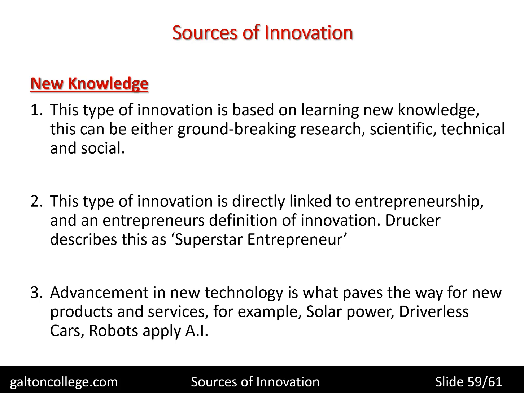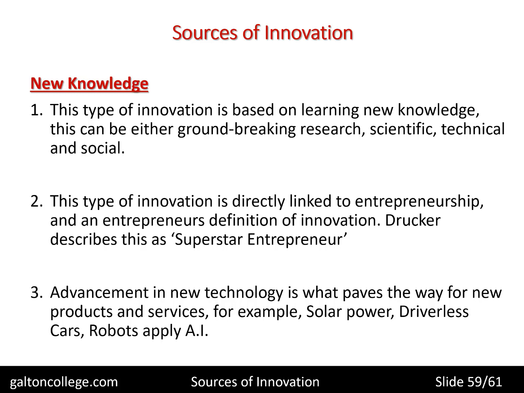Advancements in new technology is what paves the way for new products and services. Examples are solar power, driverless cars, robots, artificial intelligence. These are the frontiers, or they seem to be the frontiers in the current time period. Now perhaps in a year's time or 4 or 5 years' time, something else will be along.